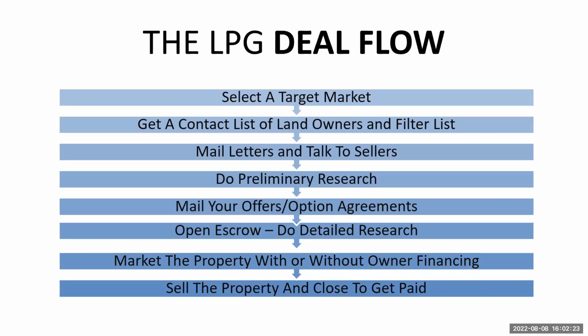Next, after you have selected a good target market, you want to get a contact list of landowners and filter said list. And for this, you have a couple options. You can get in contact directly with the county, and they can provide you the entire county list. Then you can filter and format your list so it can be imported into Investment Dominator.